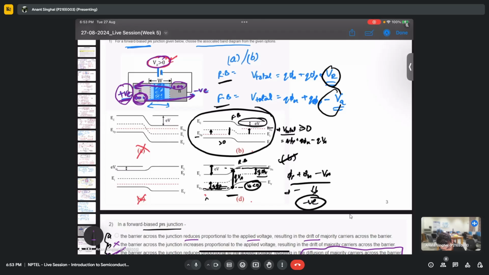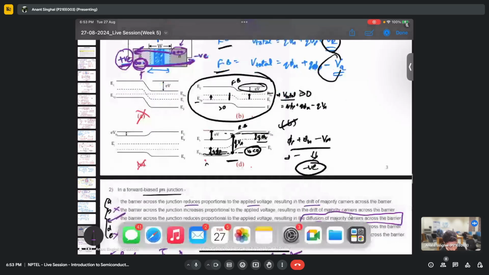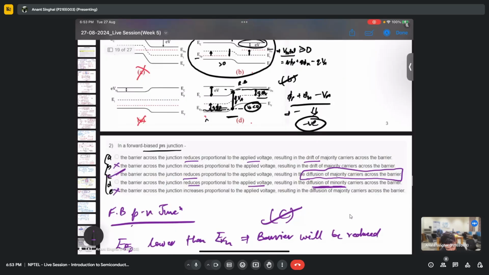I hope it is clear that for n type the majority carriers are electrons and for p type they are holes. So the diffusion of majority carriers across the barrier is resulting in reduction of the barrier. Does it make sense? Is it fine? So option C will be the correct answer to this particular question.